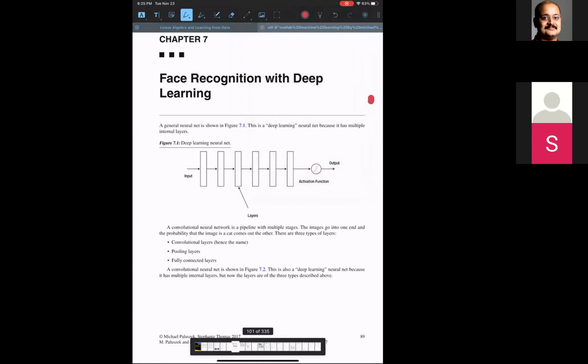So what you have is some input, you have all these layers in between, then you have some activation function, and then you have an output. Please note, since there are multiple layers, data is fed from one layer to the other. And when you have more than 7 layers, if you have 7, 8, 9, 10, all the way up to 100, then that is where we call it a deep neural network.